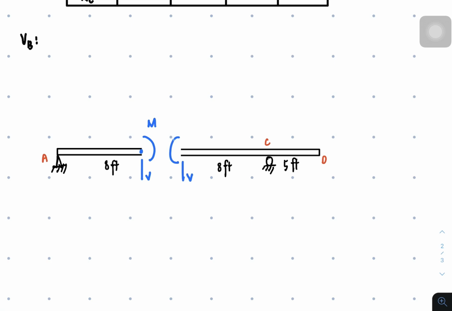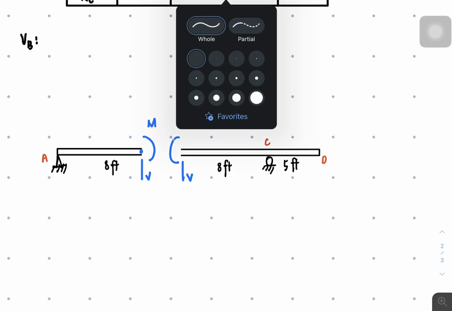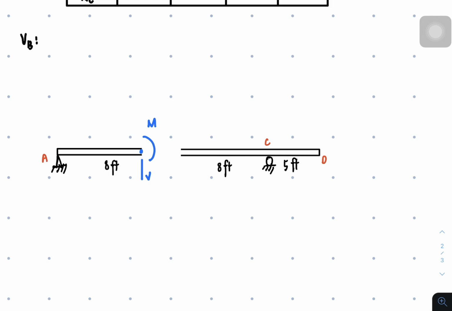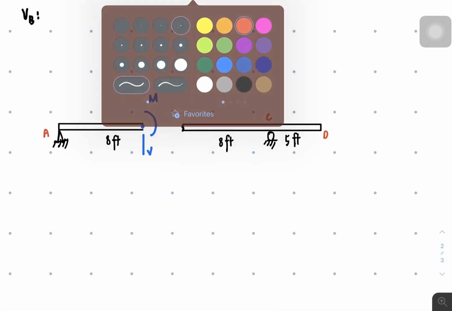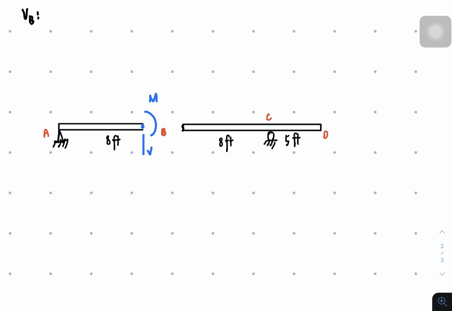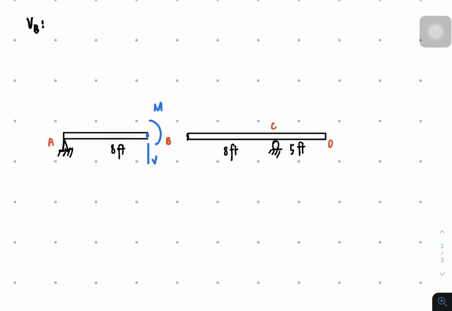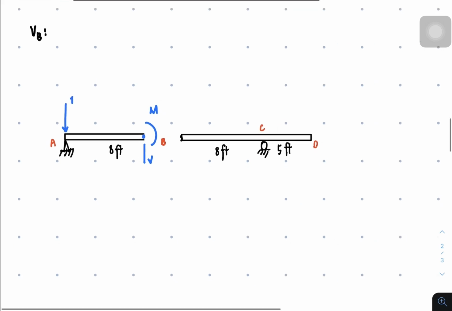Okay, so I'll just remove this one here, and then this is the portion of the cutting. So I basically need that because this is point B here. Okay, so whenever we place the 1 unit load here, when the 1 unit load is at point A, then we will obtain a value of the reaction RA.